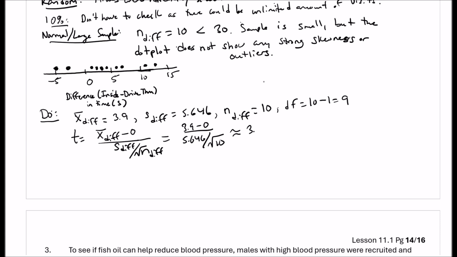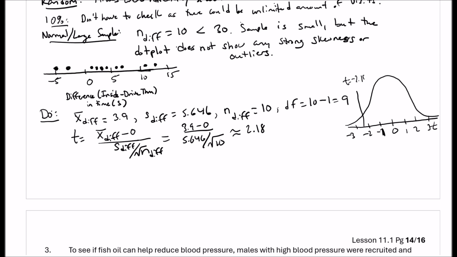And that gives us approximately the 2.18 that we got earlier. And then this is a 2-tailed test, so I like to draw the t distribution. So you have a t equals negative 2.18 as well as a t equals positive 2.18. We shade both tails.